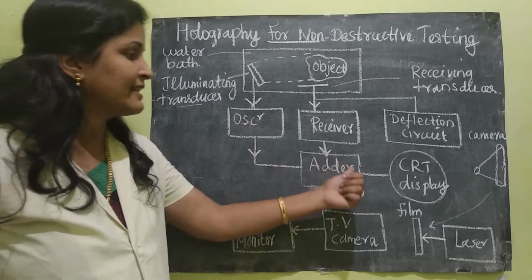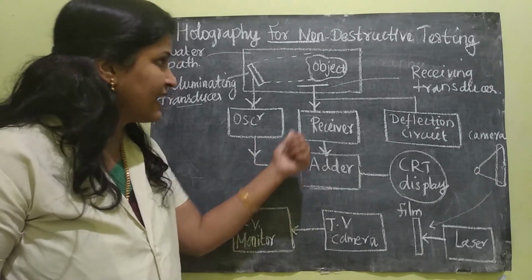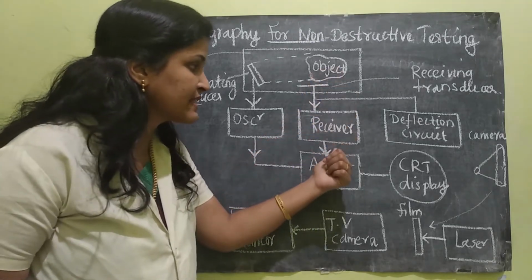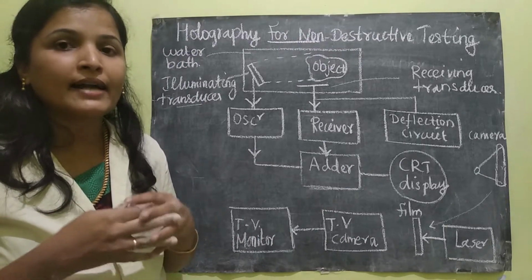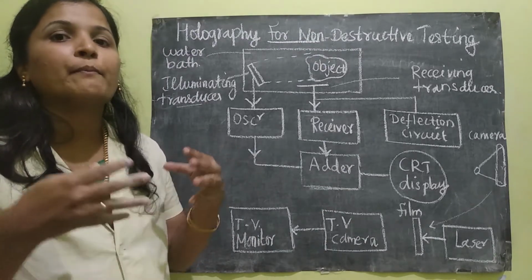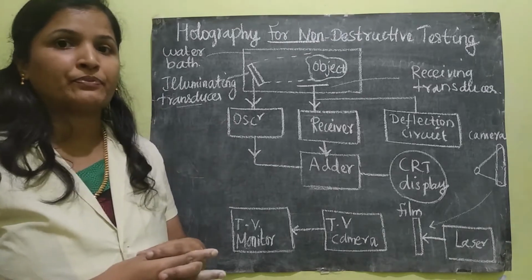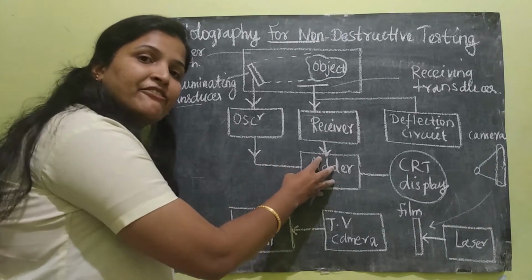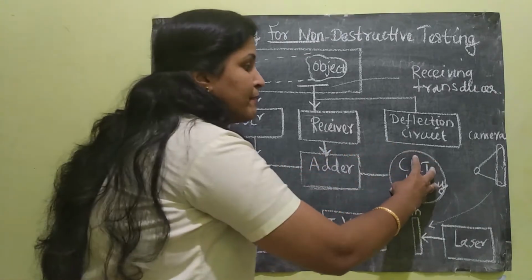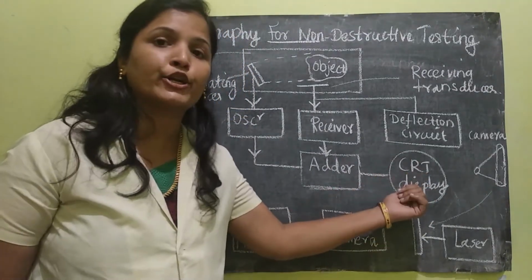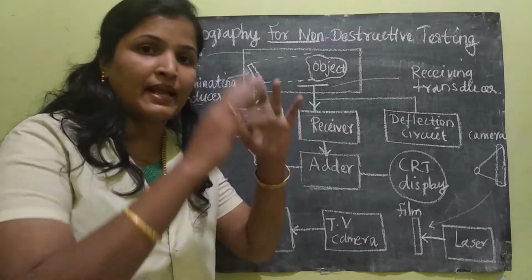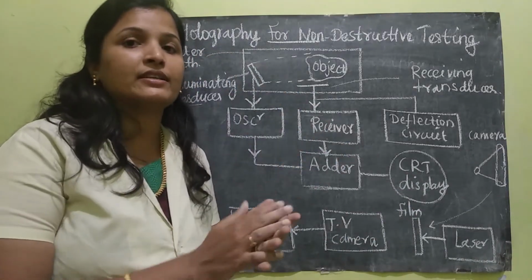At this adder, the reference signal and the object wave signal are added. Added means both are made to interfere. That interference is displayed using a CRT display, a cathode ray tube. That display is like an olden TV display.